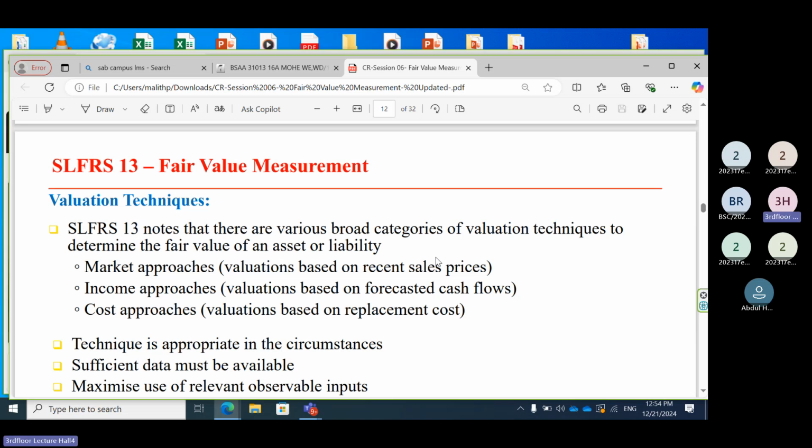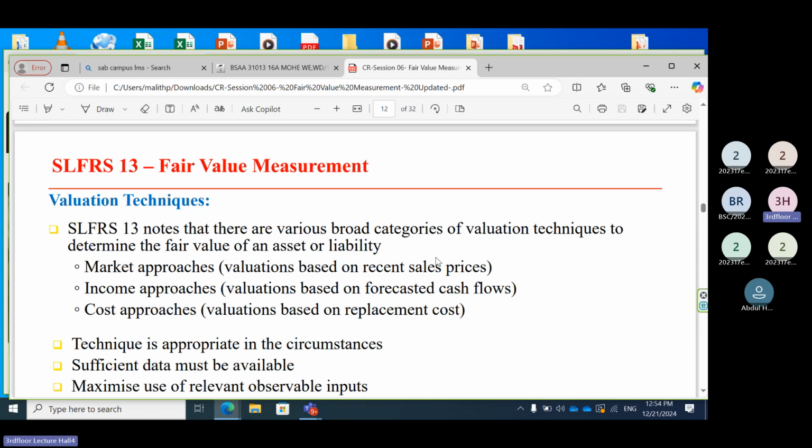These are the three techniques we can use for valuation. Once you are doing your valuation, with the practical aspect, you have to decide the approach, right? Based on the scenario, you have to have a proper understanding of the scenario and decide your valuation approach.